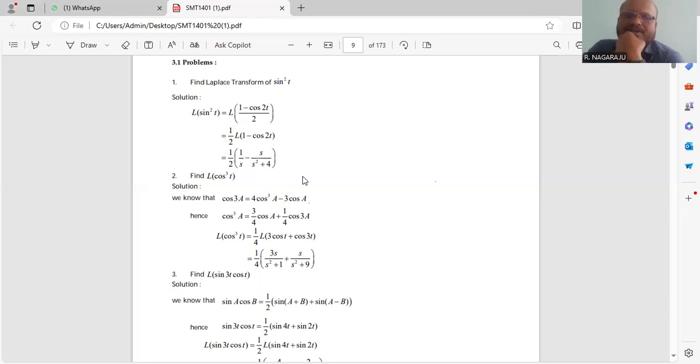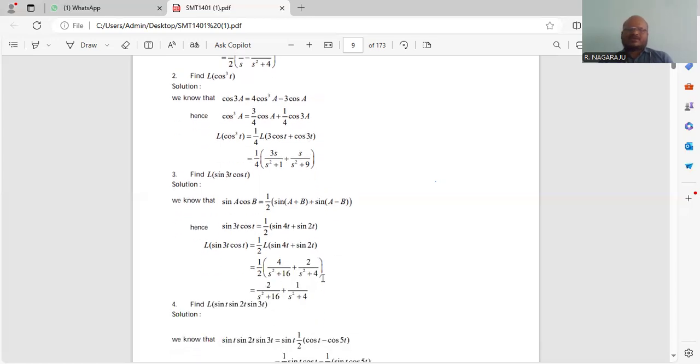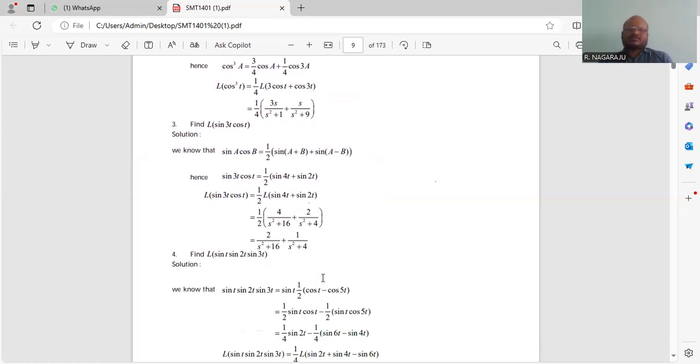We just discussed the cos at formula. L of 3 cos t is nothing but 3 into s by s square plus 1 square, in the place of a you have 1. And cos 3t also is s by s square plus a square, that is s by s square plus 9.